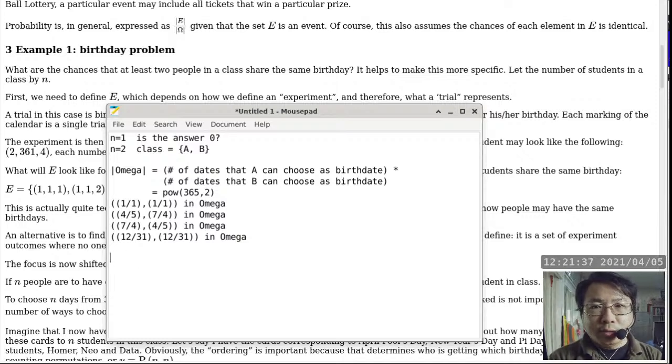Instead of using this representation, I will just give you an example. January 1st is in E, because now we have two people in the class having the same birthday. But then the next day can also be like that. That is also in E. And then the third day of the whole year can also be in E, and all the way to the last day in the year.